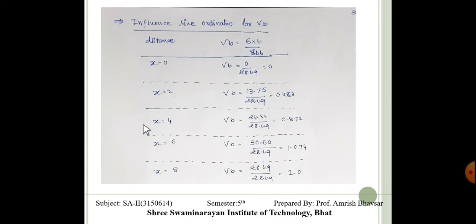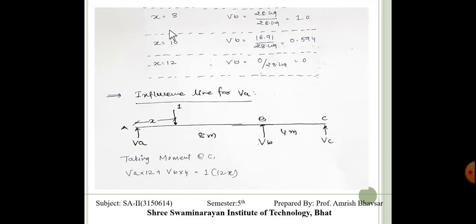Now X is equal to 4, so VB is 28.59 upon 28.59, which is 1. X is equal to 6, X is equal to 8, we can find all the VB from delta XB and delta BB. At X is equal to 8 meters it is 0.594, X is equal to 10, and again it is 0.